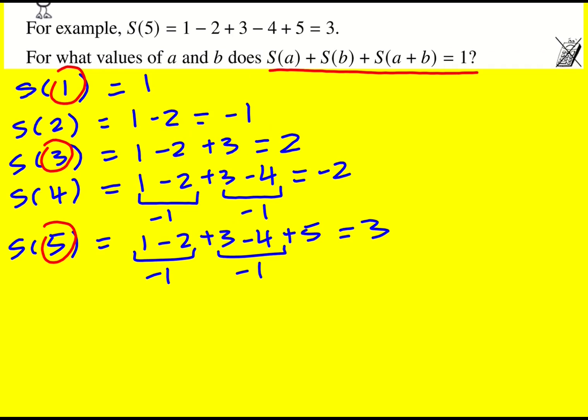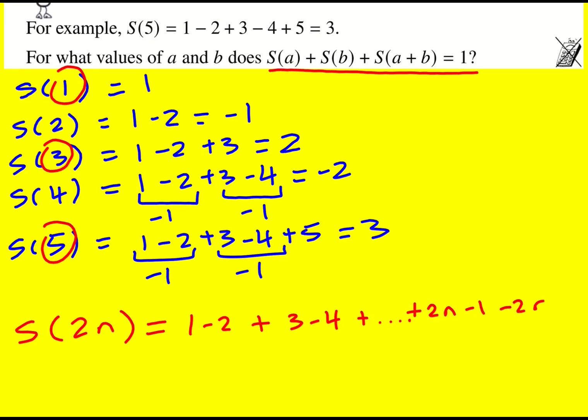So when I did this question, I considered them separately. I said, consider S of 2n, because that will necessarily give me an even number. But we're going to get 1 minus 2 plus 3 minus 4, etc. And the very last term is going to be 2n minus 1 minus 2n.